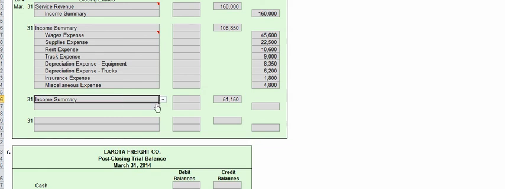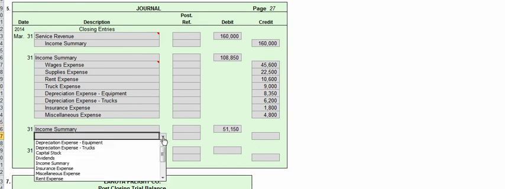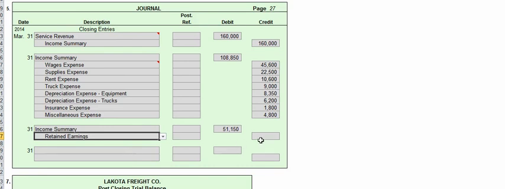We're making income summary zero by debiting it for the amount of its balance. And we're going to increase retained earnings for the same amount, $51,150, which was net income for the year. So the debit makes income summary zero, and the credit to retained earnings increases its balance by the amount of net income for the year.